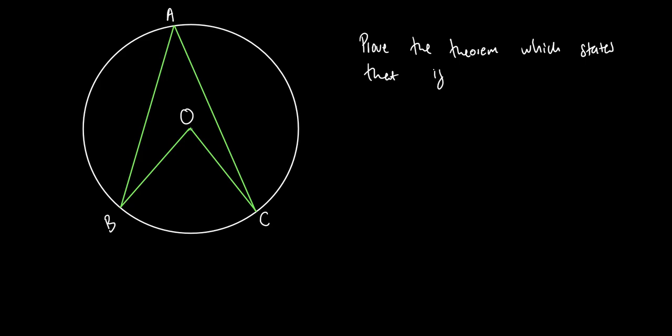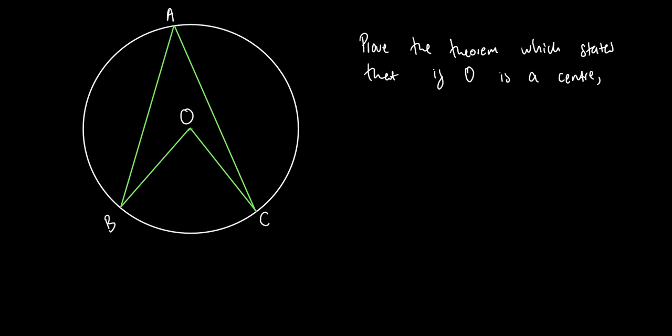They're going to tell you that suppose you have B here, and D here, and maybe let's say C, and then there's O. Now they will say to you, prove the theorem which states that if O is a center, the angle subtended at the center is twice the one at the circumference.